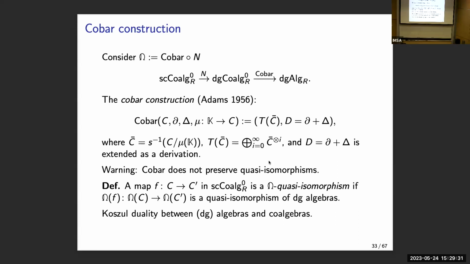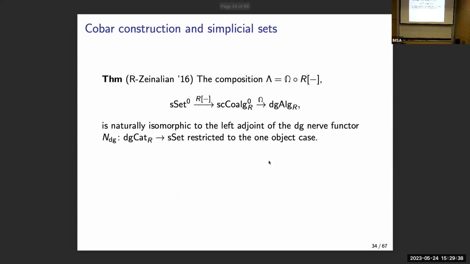So what's the topological or geometric meaning of this homotopy theory or this construction? Well, before I say that, let me relate this construction to another construction in the literature. And that's the differential graded nerve functor. It's a version of the nerve functor that takes into account higher homotopy. So the statement is the following.